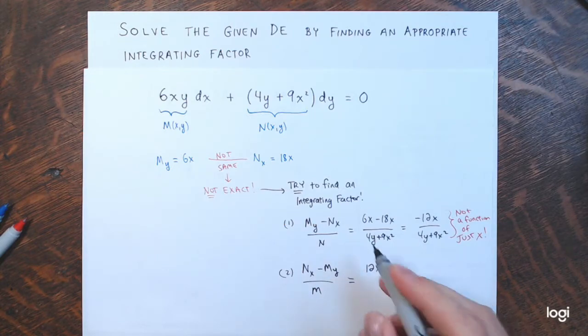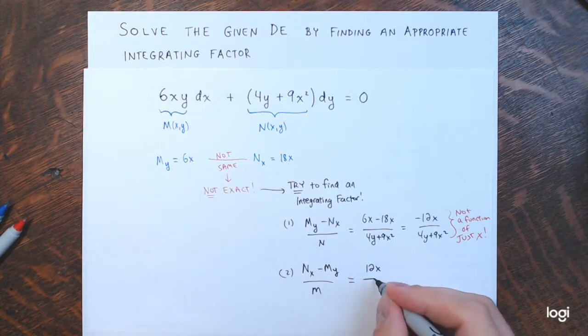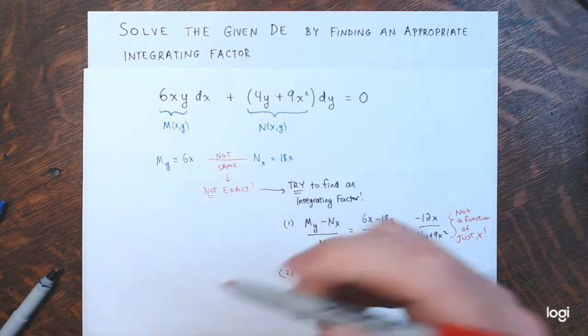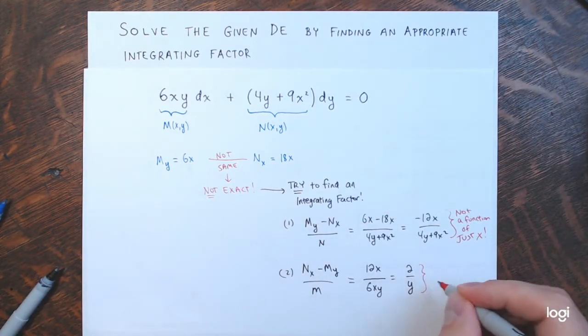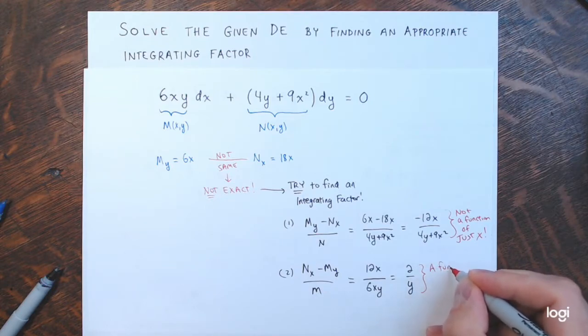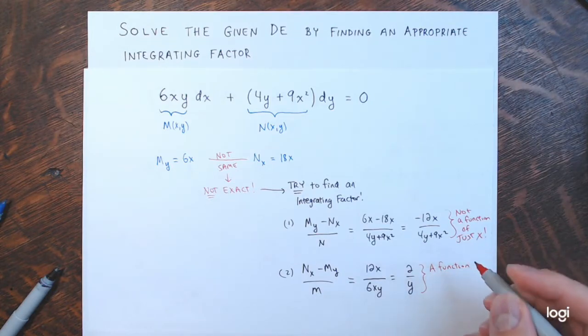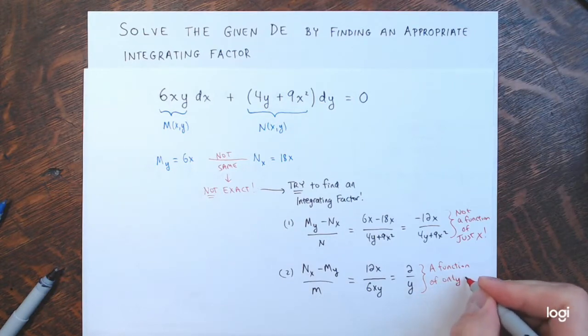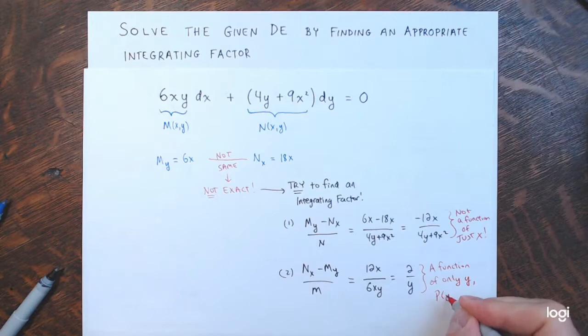It's 18x minus 6x, divided by M, which is 6xy, and yes, this is 2 over y, and this is a function of only y, which is what I want. It's perfect. I can now find an integrating factor, and again I'll call this P of y here.